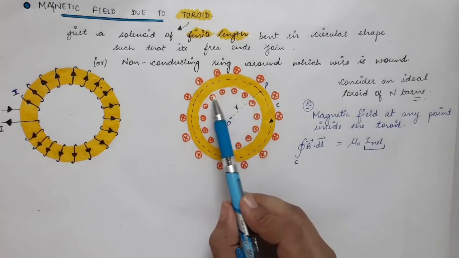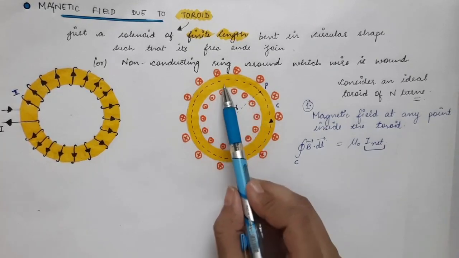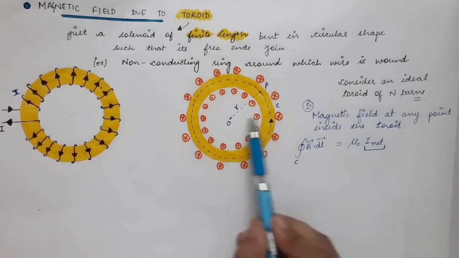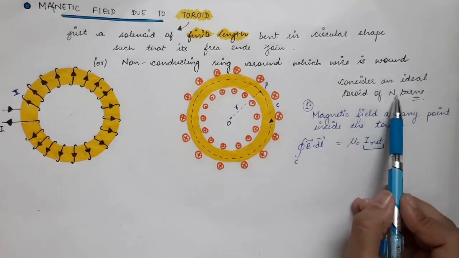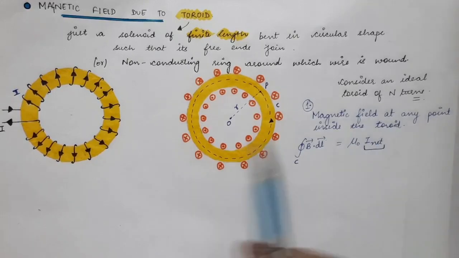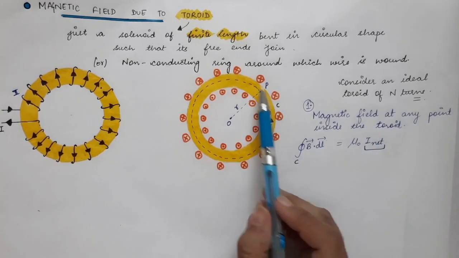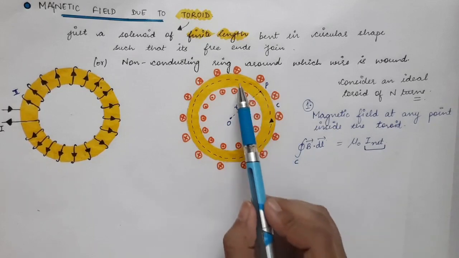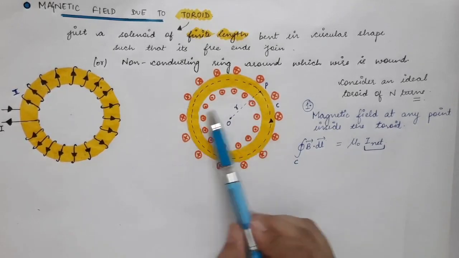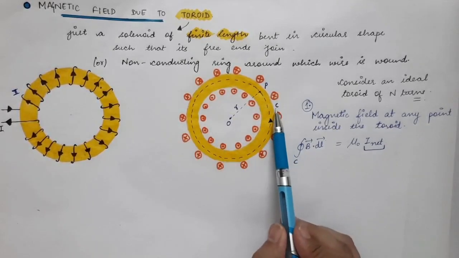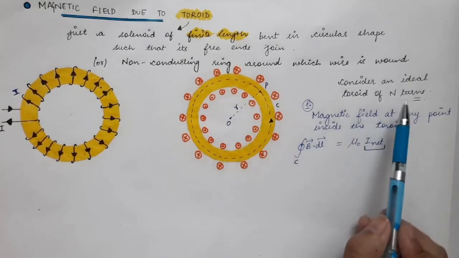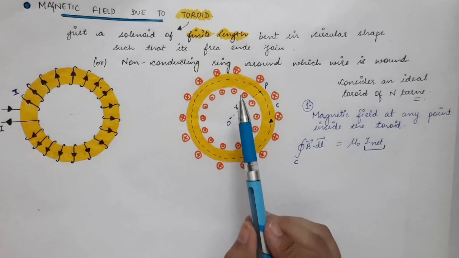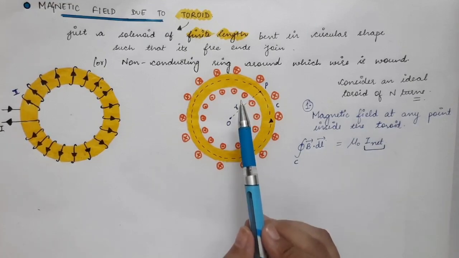The turns which are passing through this area enclosed by this circular path C is just equal to capital N. So capital N number of turns are passing through this area.